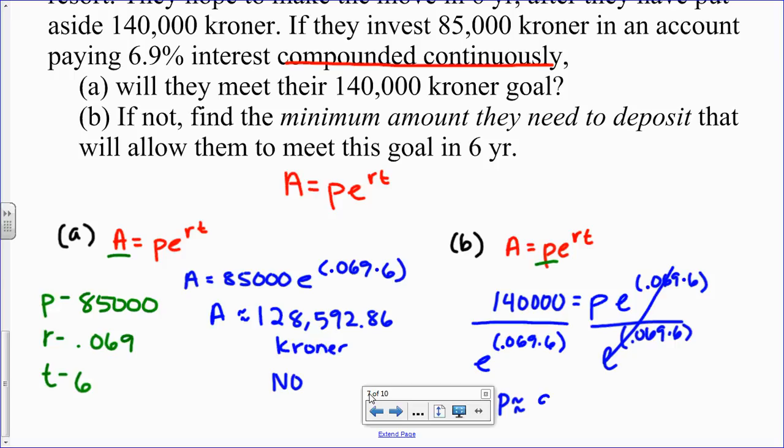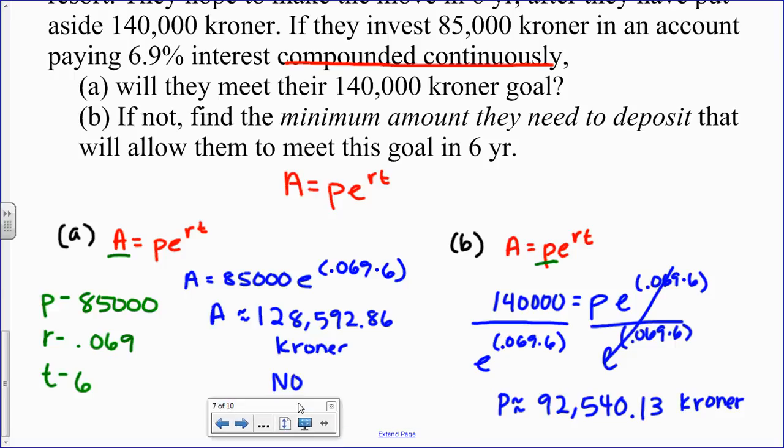So I have 92,540.13. Do you guys got it? Okay, good.